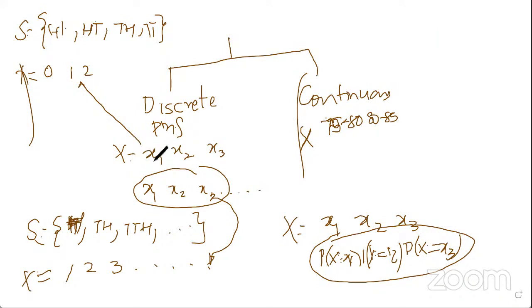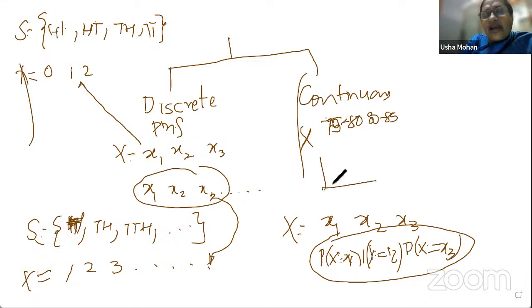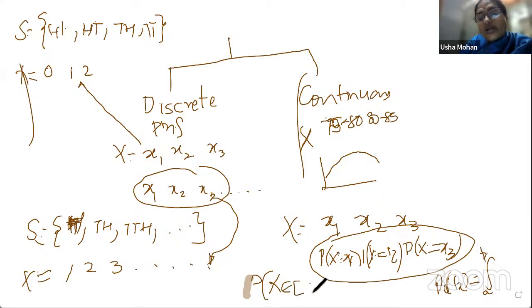So instead of getting a probability x equal to something, I define a function f of x, where the probability x belongs to an interval a to b is the integral from a to b of f of x dx.